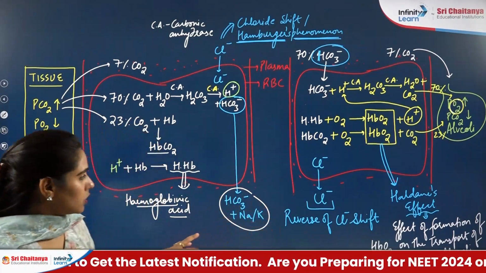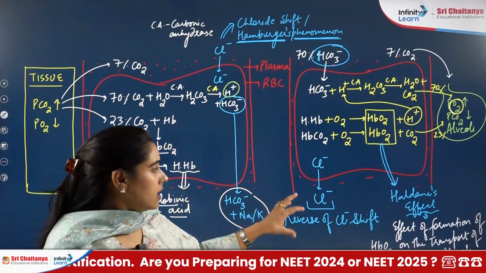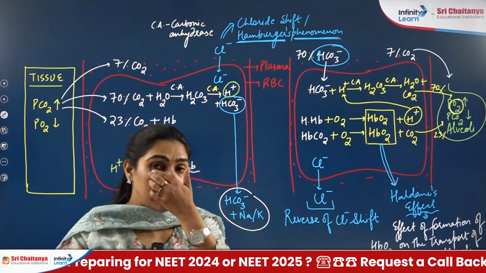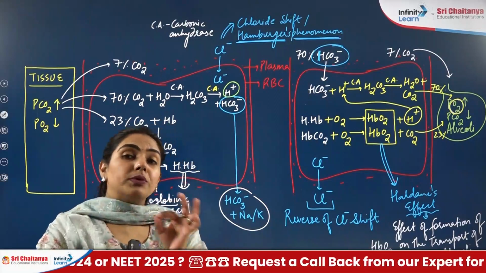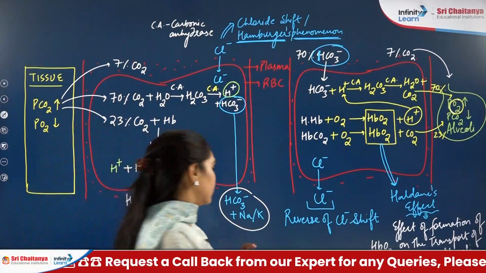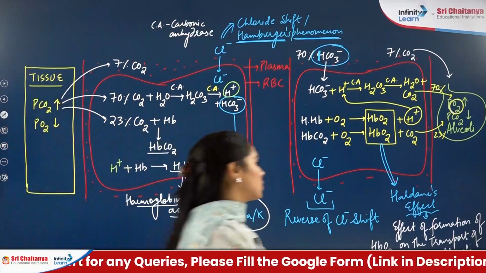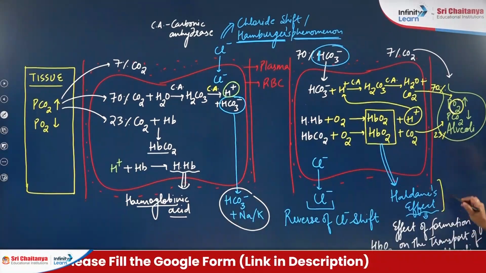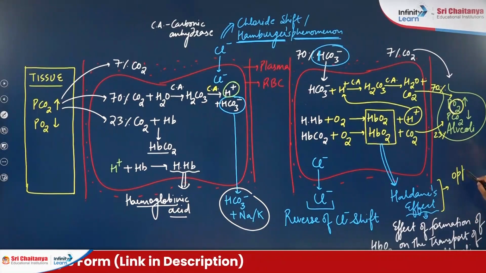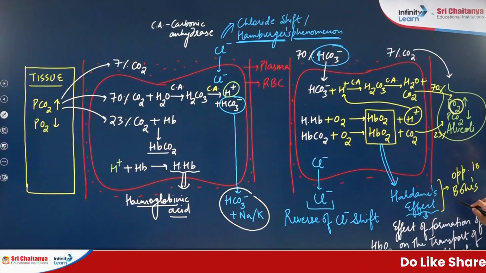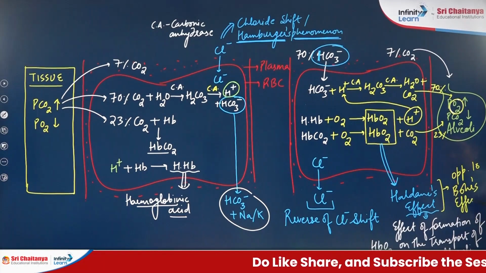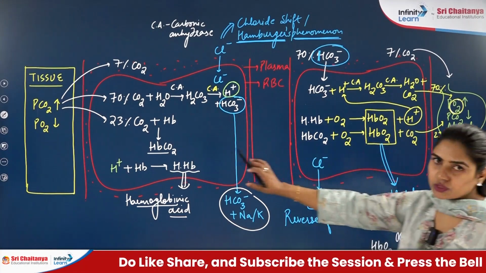If you have understood this topic, then one more thing is there for Haldane's effect. It is the opposite of one effect that is known as Bohr's effect. I will explain how it is opposite of Bohr's effect. You will see Bohr's effect at the tissues.